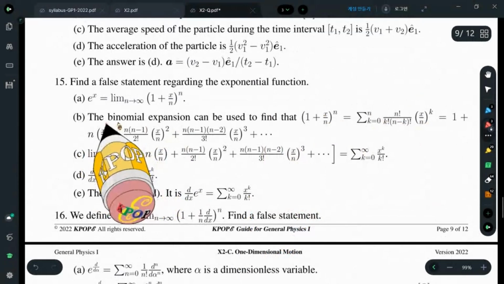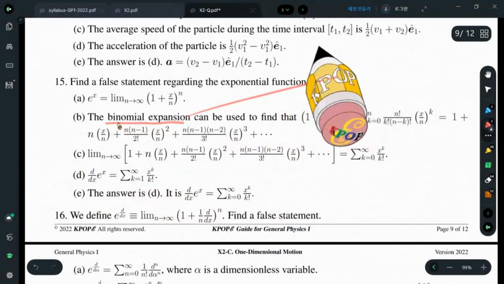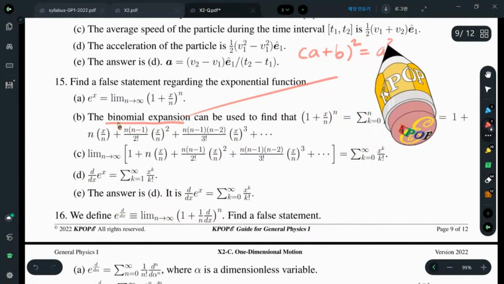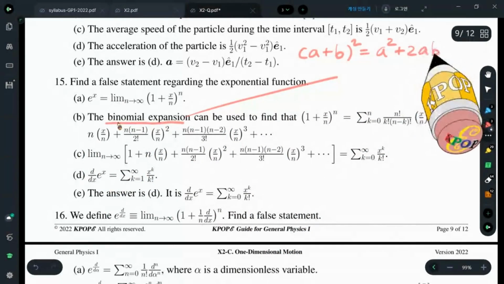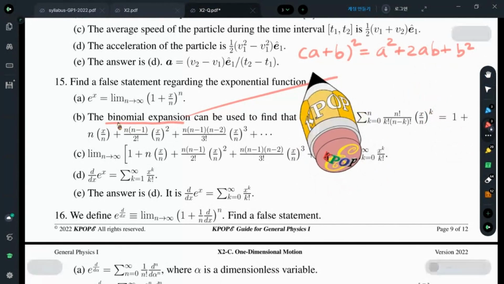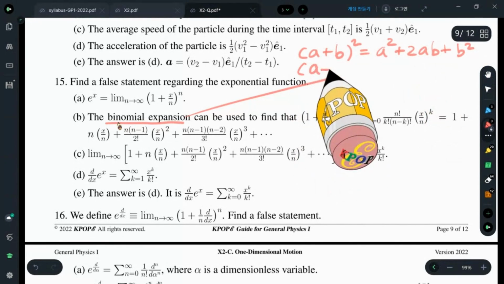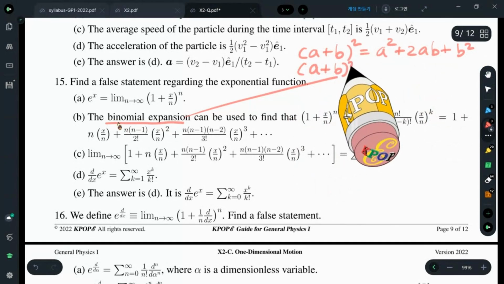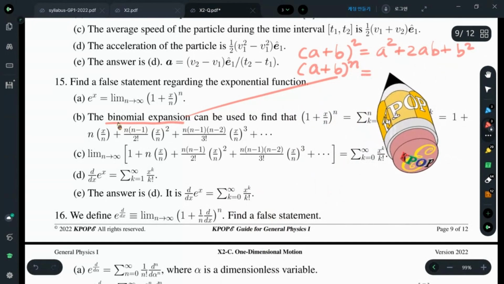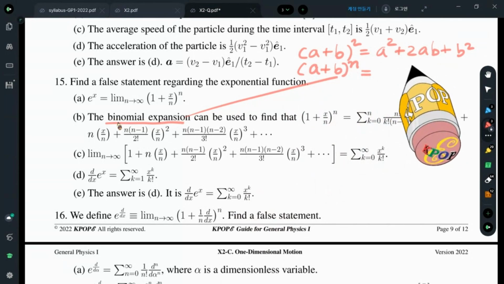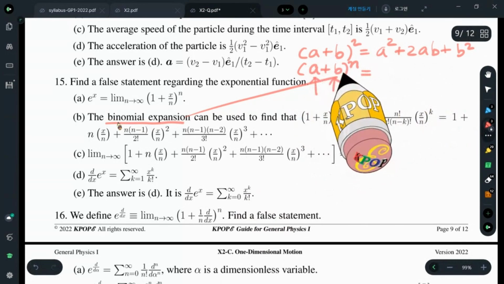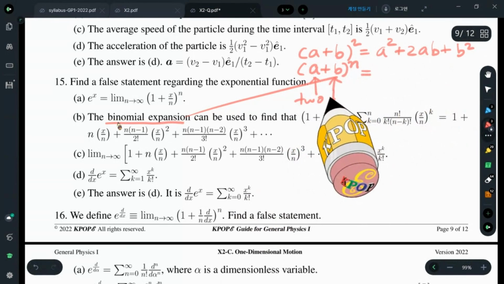You know binomial expansion. Do you know how to expand this? So what should I do if I have a plus b to the n? You know how to do that. So this expansion is two terms.